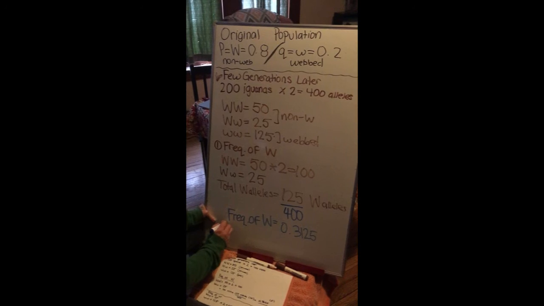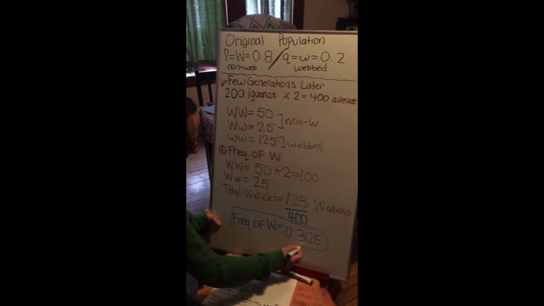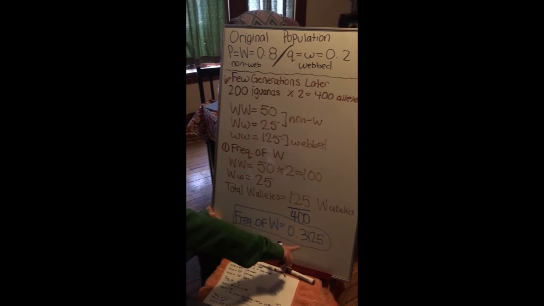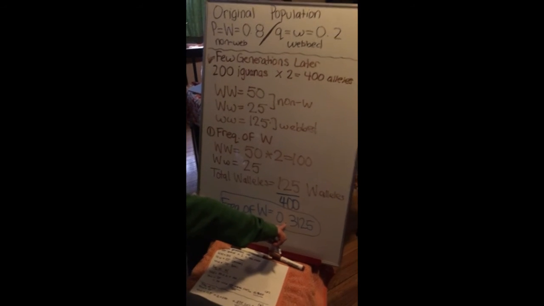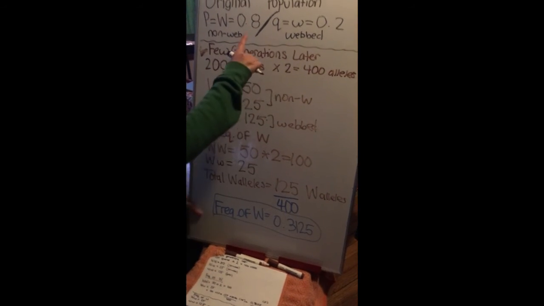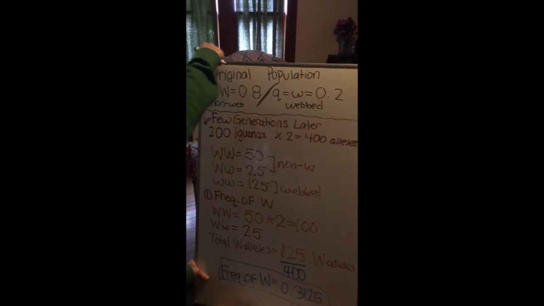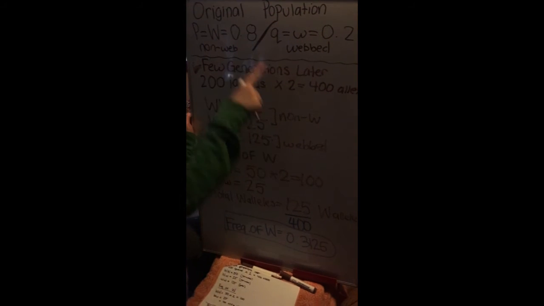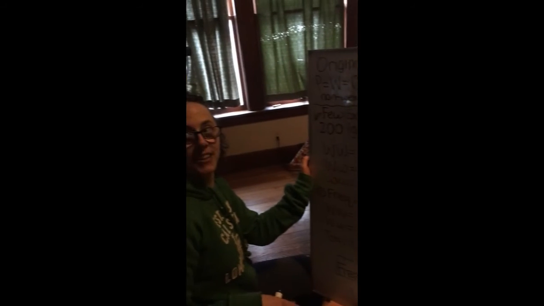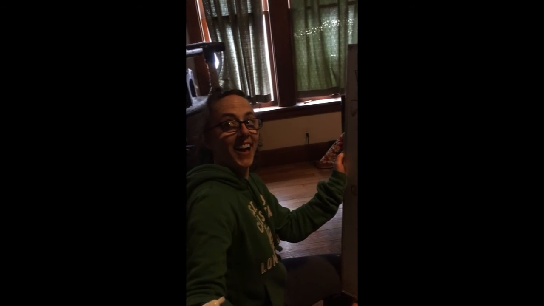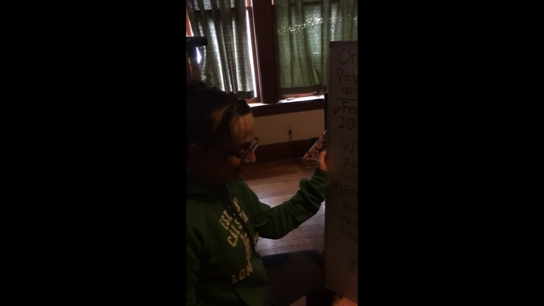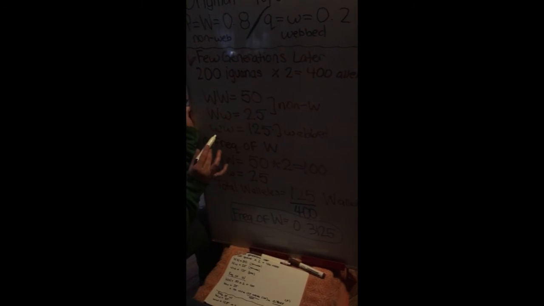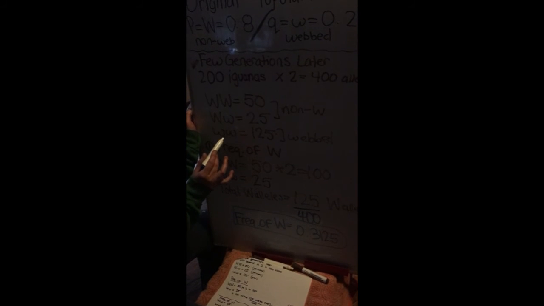So right now in my future generation, the frequency of my dominant allele is 0.3125. The frequency of my dominant allele in my original population was 0.8. So are those numbers the same or different? Different. Definitely different. So we have fewer individuals having that dominant allele, and more individuals now having that recessive allele.